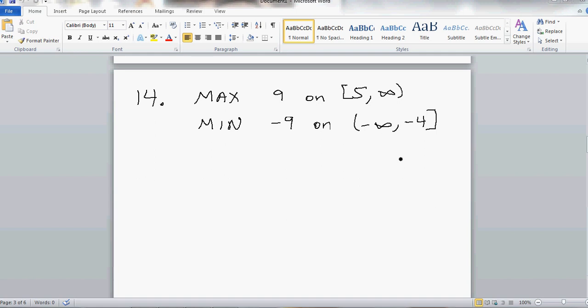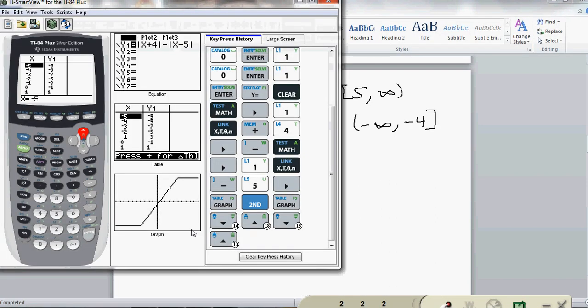Then we had that little stretch that goes from -9 to 9, here to here, and so that would be between -4 and +5. Now, you could try and estimate each of these marks, but it's a whole lot more accurate to go to the table and check it out this way.